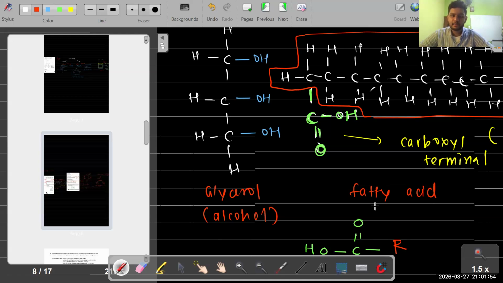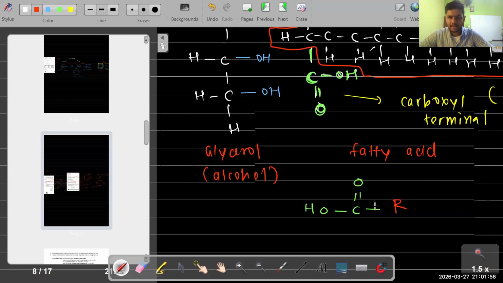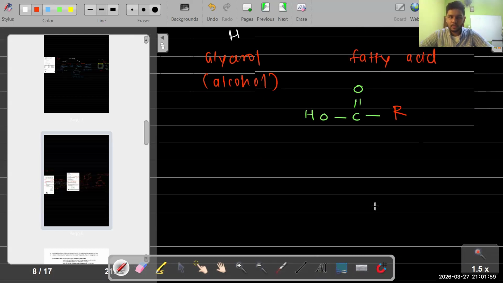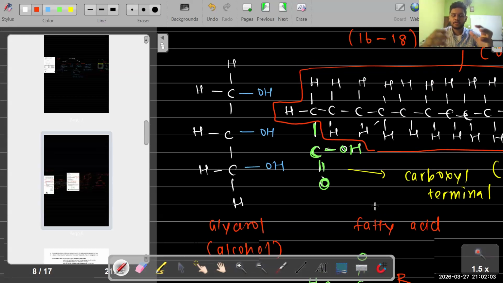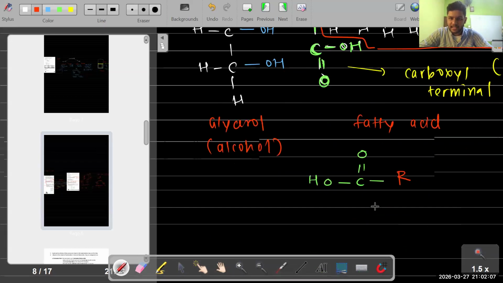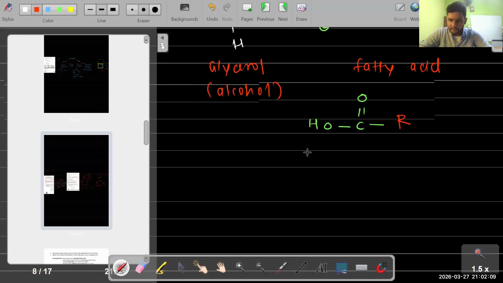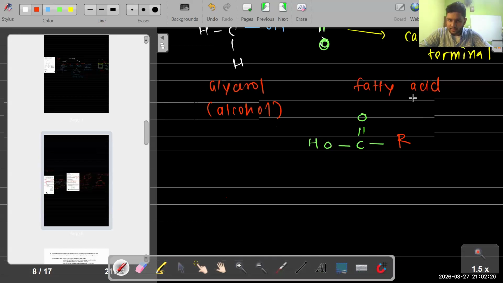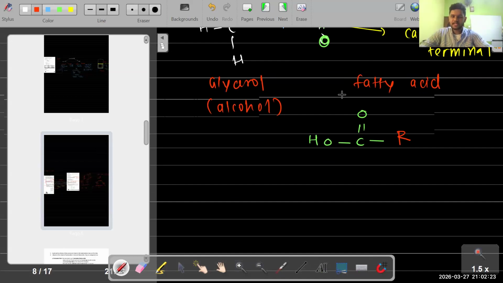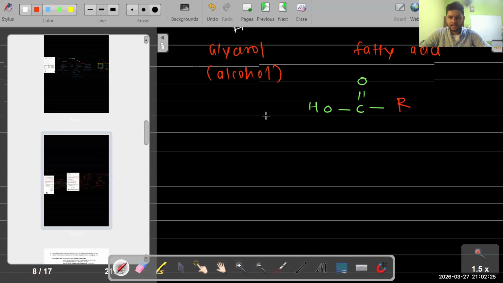I'll write the reaction. To explain the fat formation reaction, I'll use this diagram instead of the full fatty acid, because I have shortened the complete diagram into this one.